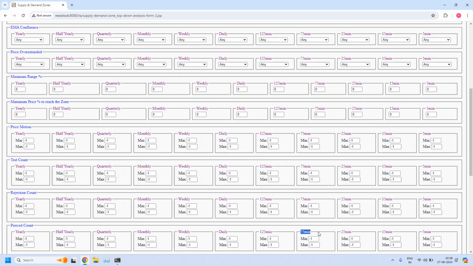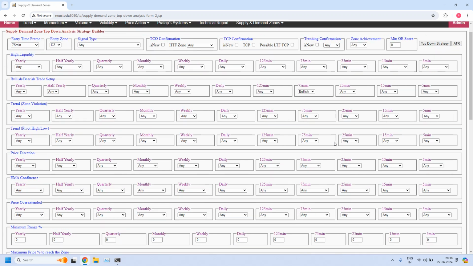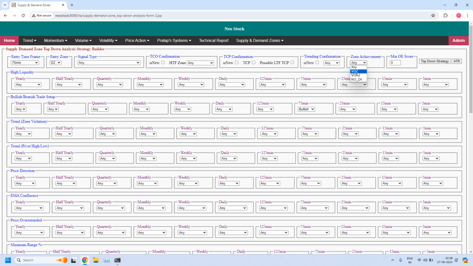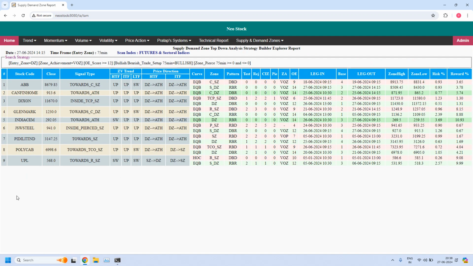So in 75 minutes time frame, minimum value I am setting 0, maximum value I am setting 0. Zone achievement should be violated opposing zone. Minimum odd enhancer score should be 12. With these filters, we have generated the report, and 9 stocks are filtered. These 9 stocks are supporting bullish trade setup for weekly income trade, that is entry time frame 75 minutes.